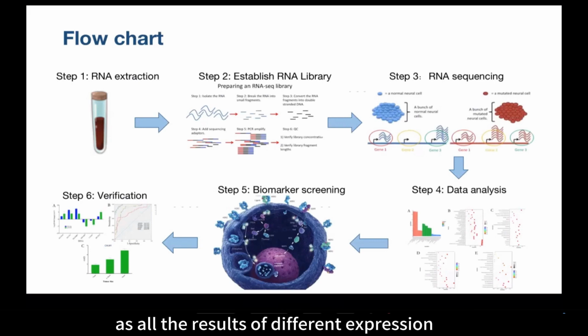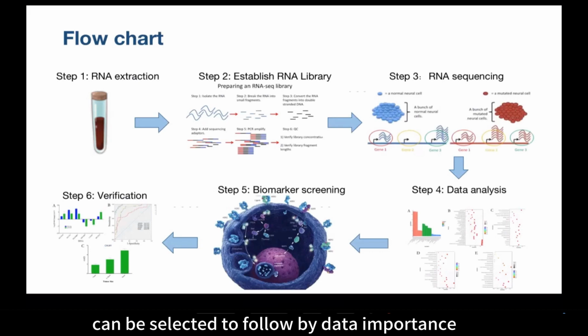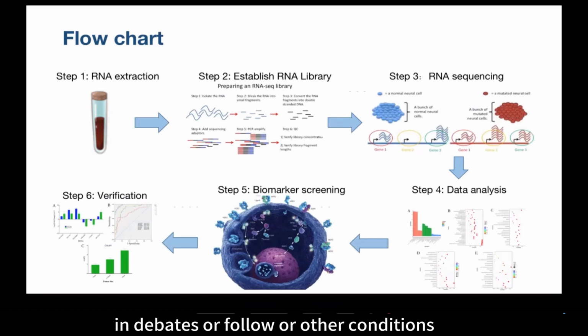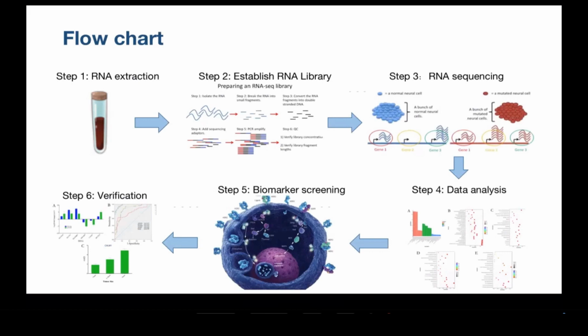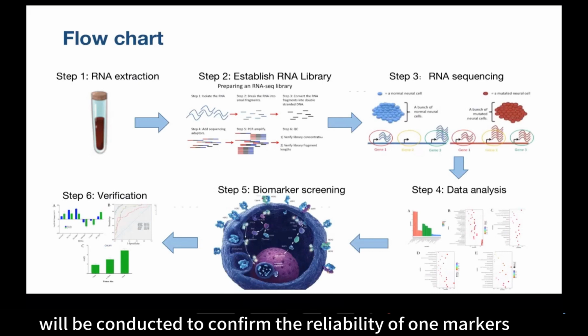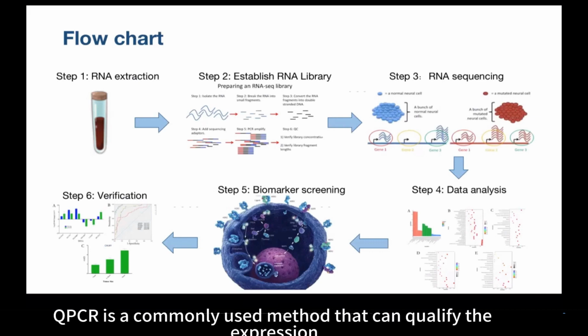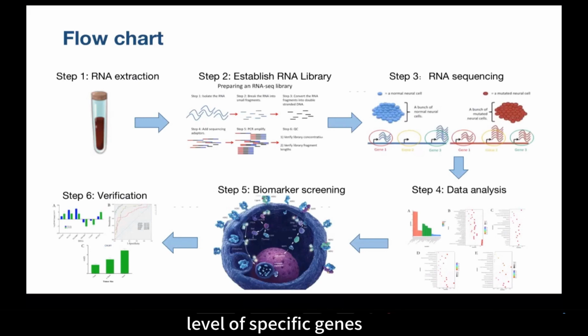Based on the results of differential expression analysis, screen for possible biomarkers. Genes with significant differential expression can be selected to further validate their importance in disease or other conditions. Further experimental verification will be conducted to confirm the reliability of biomarkers. Among them, qPCR is a commonly used method that can quantify the expression level of specific genes and verify their differential expression in RNA sequencing results.